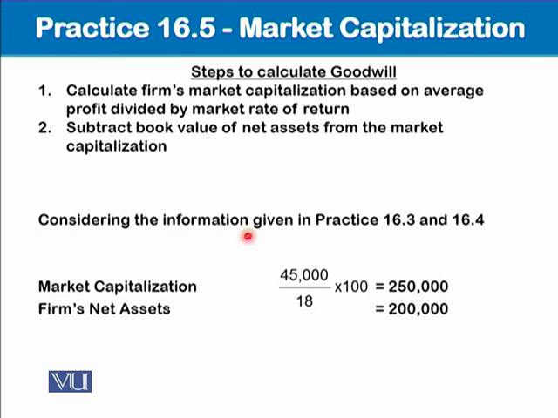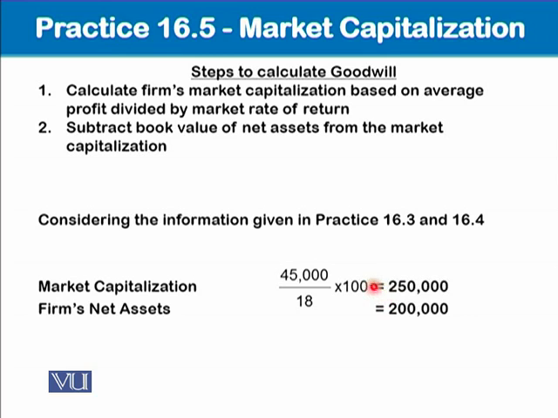Considering the information given in practice 16.3 and 16.4, market capitalization will be 45,000, which is our average profit, as we have already calculated in practice question 16.3, divided by the normal market rate of return, which we worked out in 16.4, 18%. So it is 250,000 market capitalization.